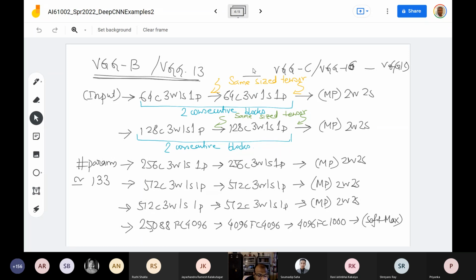So you will need 3 more convolutional layers to be brought down. So now the change which comes down is something like this. It starts from the same model as VGG13, so it is 64C, 3W, 1S, 1P.